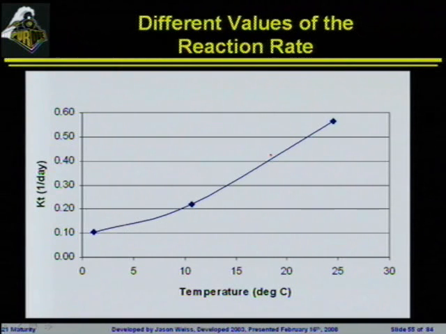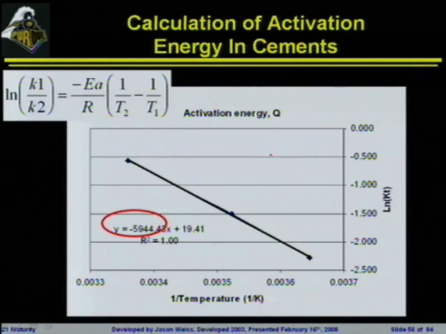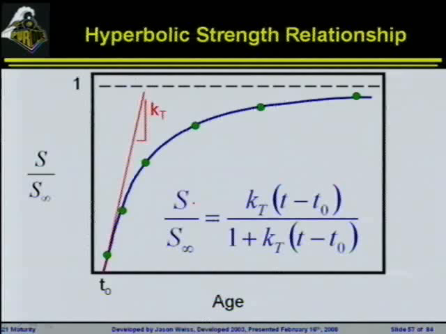So all of a sudden you can start to plot that, describing the activation energy concepts that we talked about last time, where you can plot the natural log of the KT term versus 1 over the Kelvin temperature. The slope of that line is going to be this value that we talked about as EA, or EA over R, or Q. This is our activation energy.